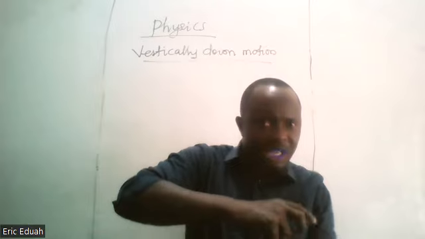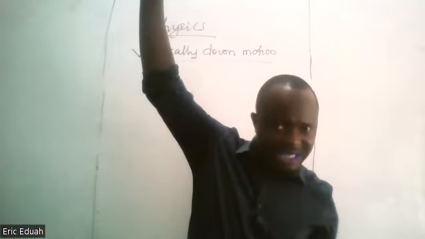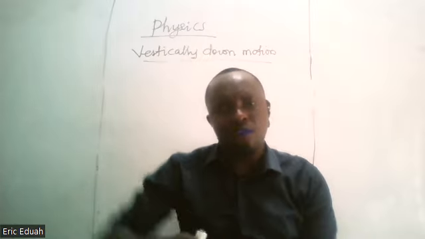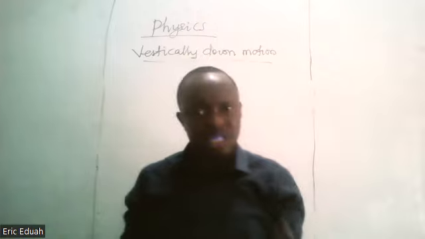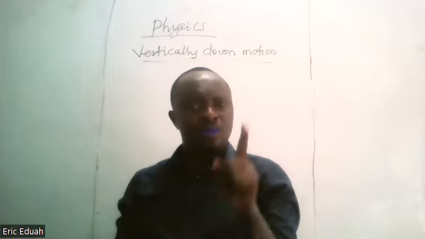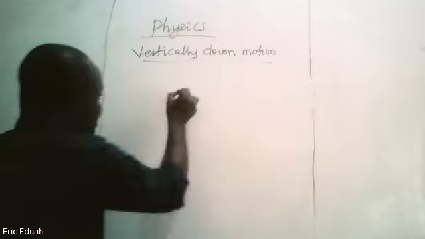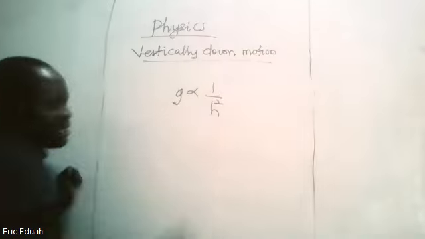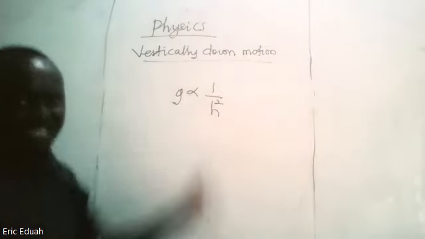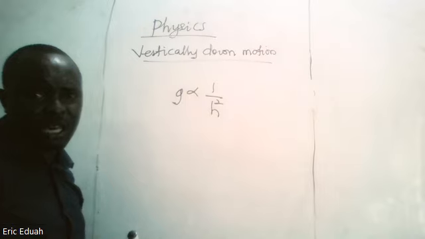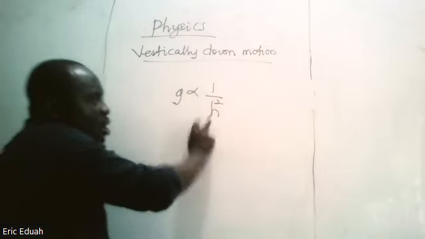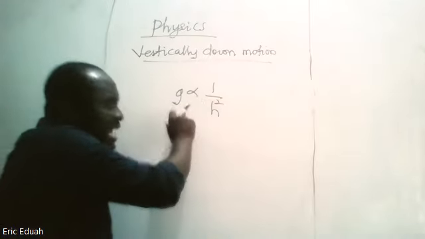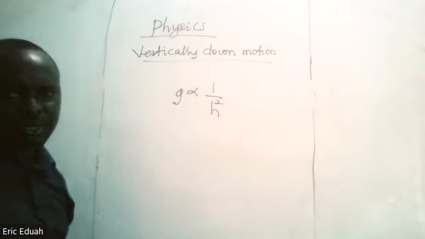So if we are moving away to a higher height from the surface of the earth, the value of G varies, and the variation gravity has with height is this. G is inversely proportional to 1 over h squared, the square of the height from the surface of the earth, meaning the more h becomes, the lesser gravity also becomes.